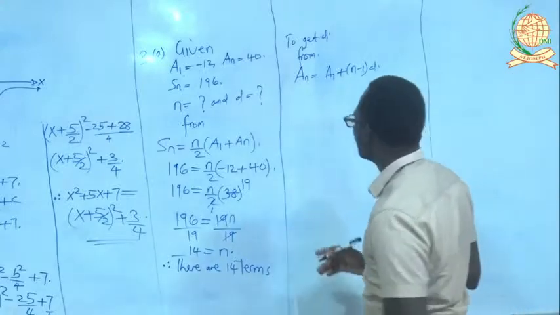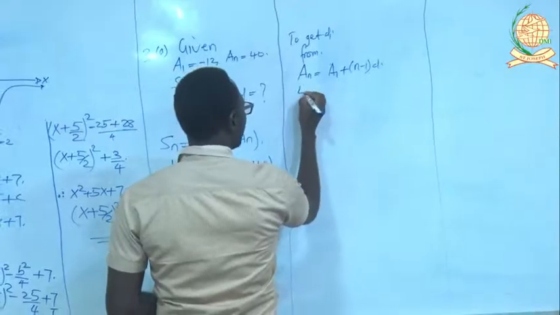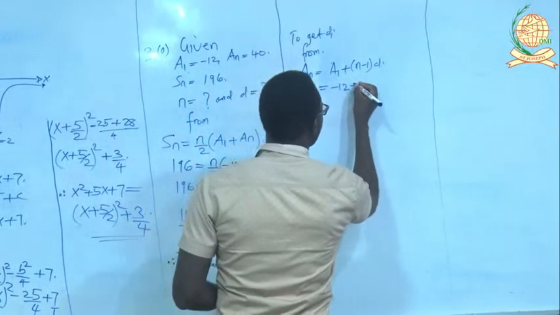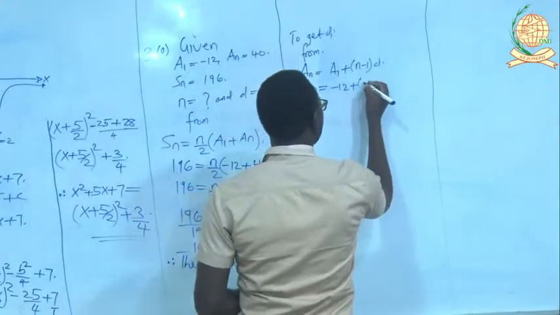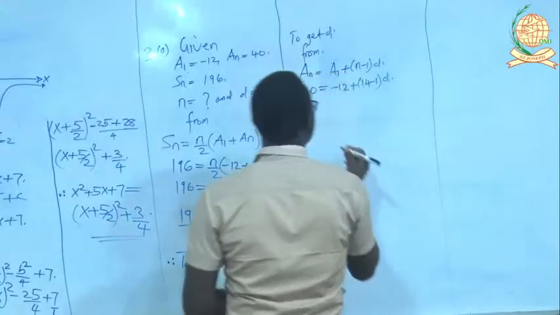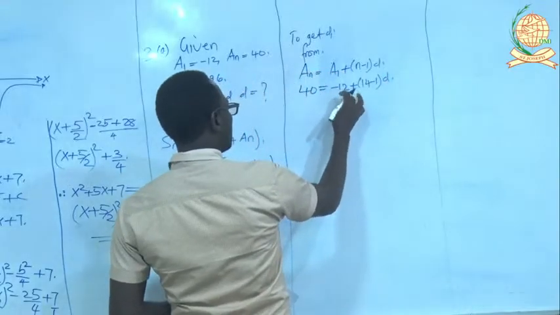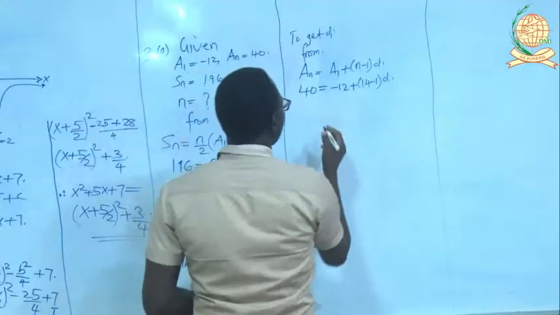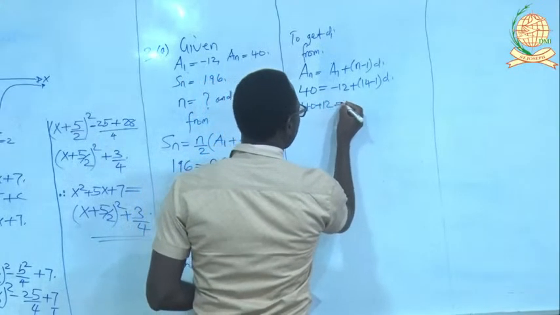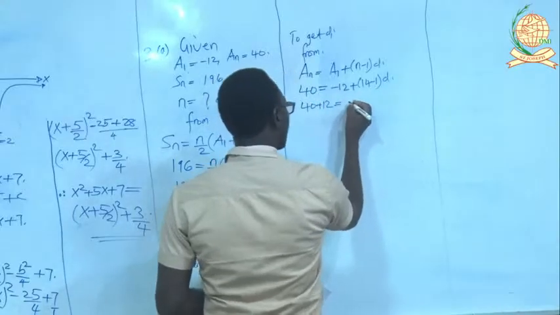So an is 40, a1 is negative 12, plus n is 14, so 14 minus 1, times d. Take negative 12 to the left side. We have 40 plus 12, and 14 minus 1 is 13d.